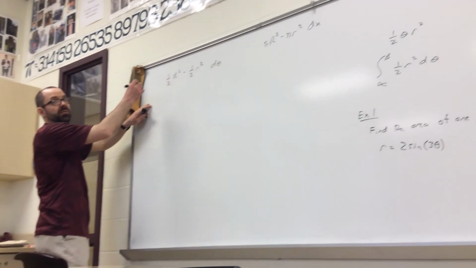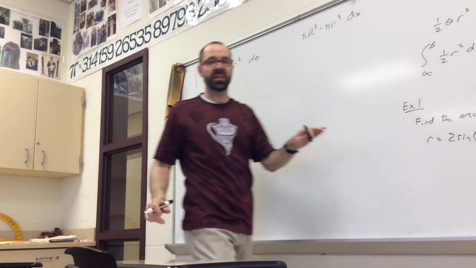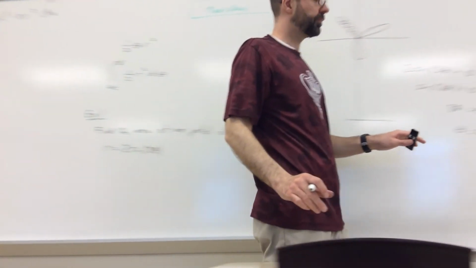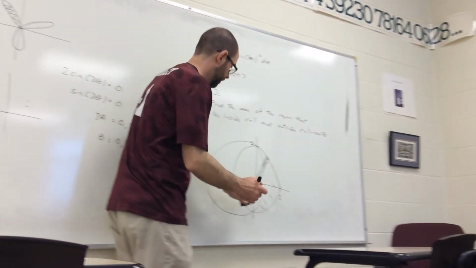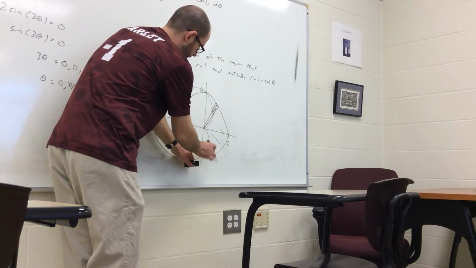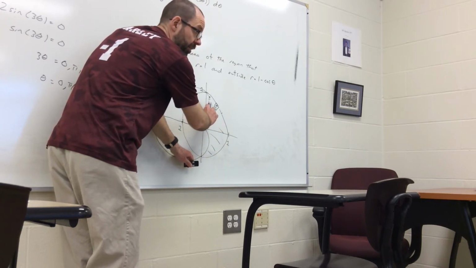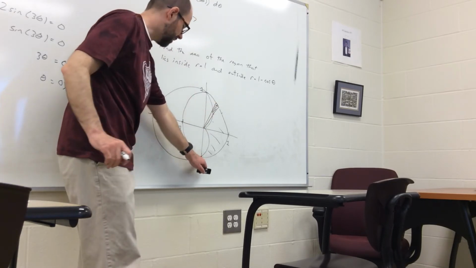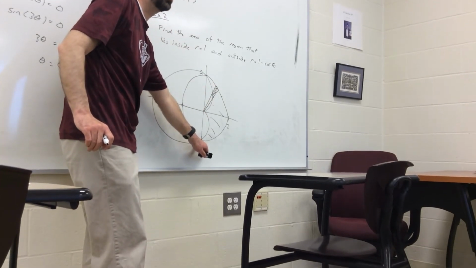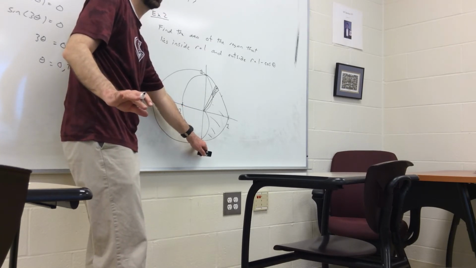Okay, we got to figure out what our bounds of integration are, right? Let's go back to this picture over here. Well, the shaded part starts here and then rotates to there. I mean, that really looks like negative pi over 2, doesn't it? It's a little bit dangerous to assume that, though.